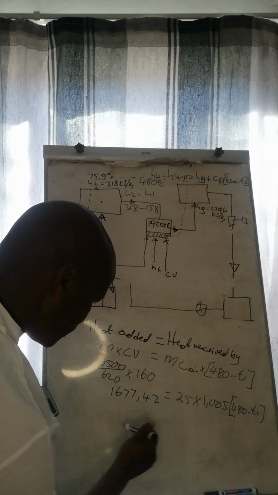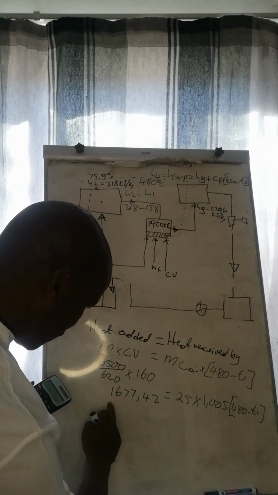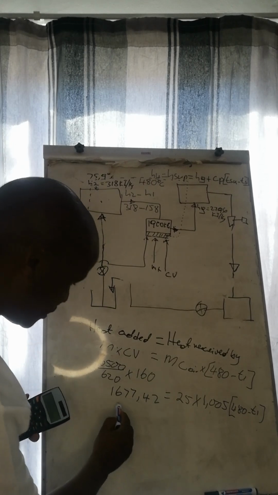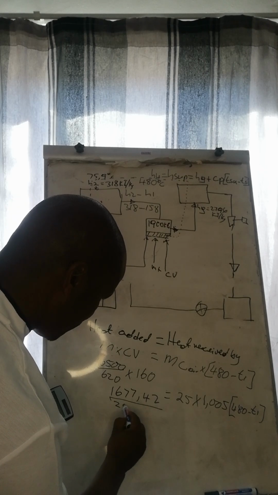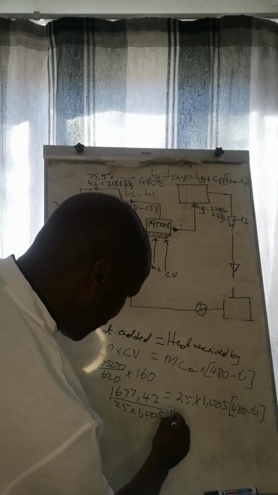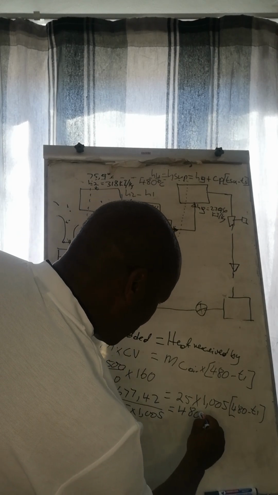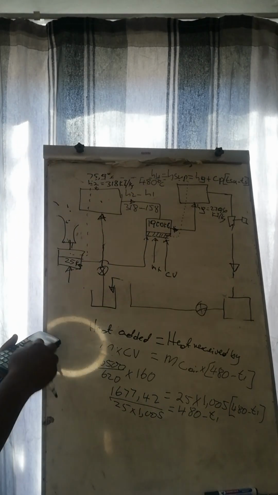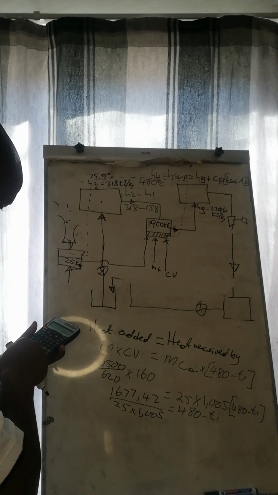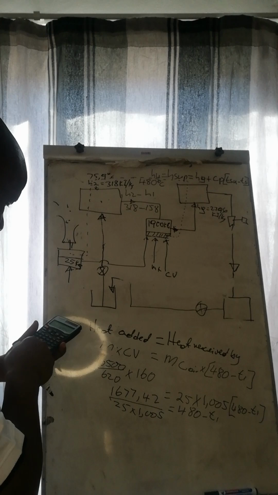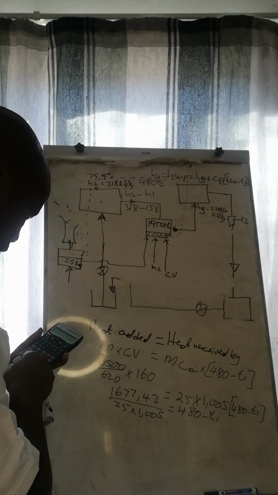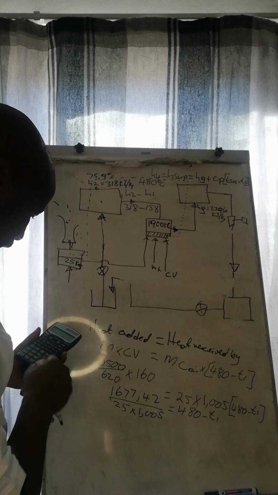Let's divide: 1677.42 divided by open brackets 25 multiplied by 1.005 closing brackets.